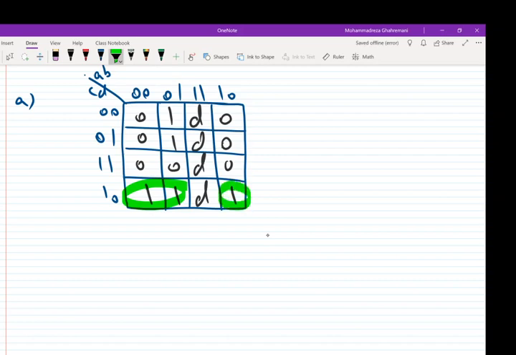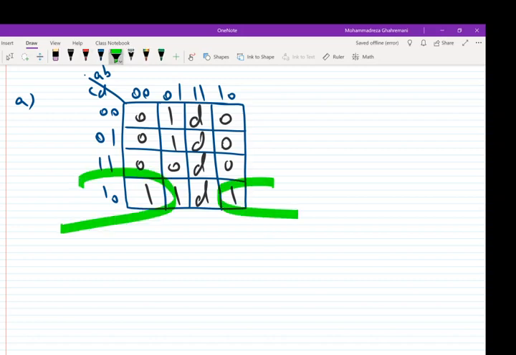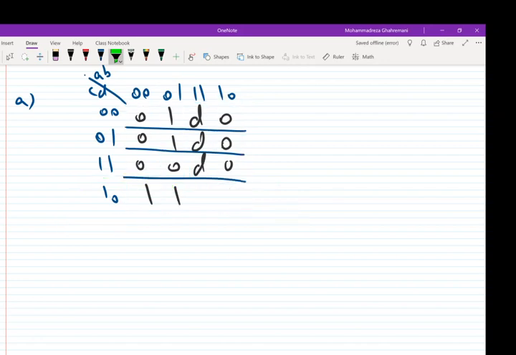Of course, we have the option to group this one with this one, but why shouldn't we consider this don't care? Let me undo my drawing. Give me a second.